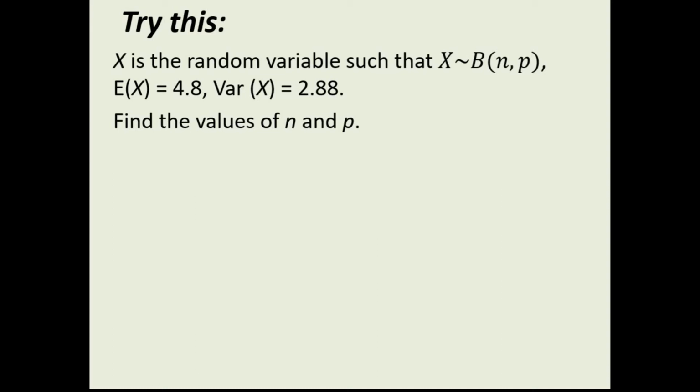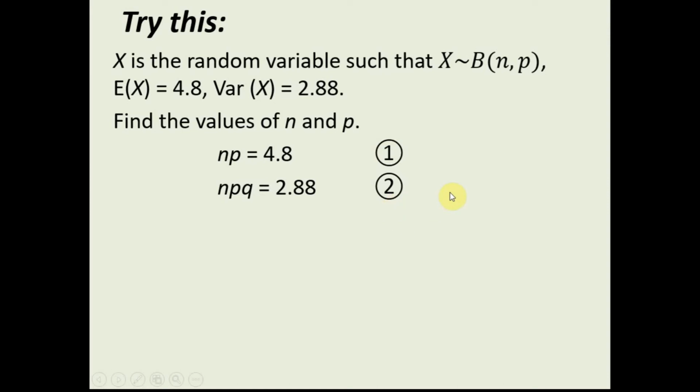Okay, so if we're told that the expected value of x is 4.8, then we can come up with this equation here. We know that np equals 4.8, and the variance npq is equal to 2.88. And with these simultaneous equations, I've labelled them as usual.